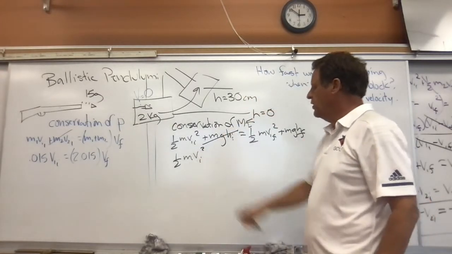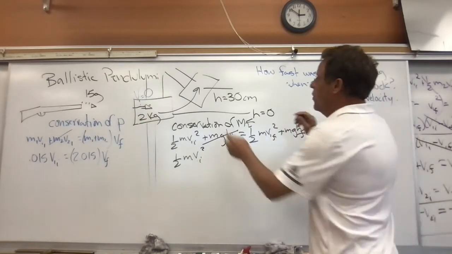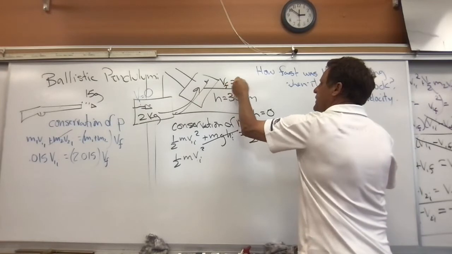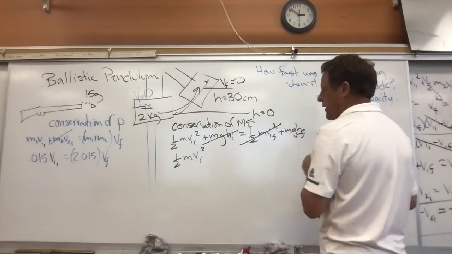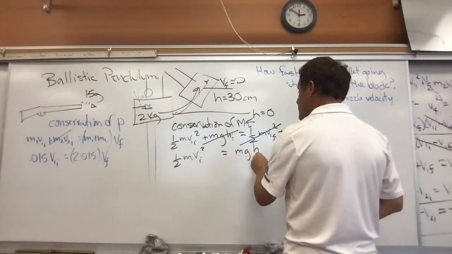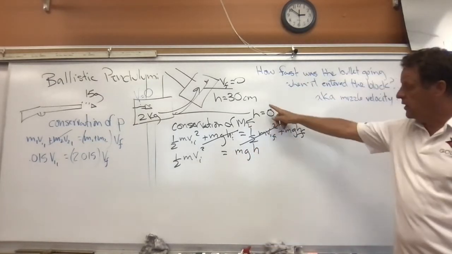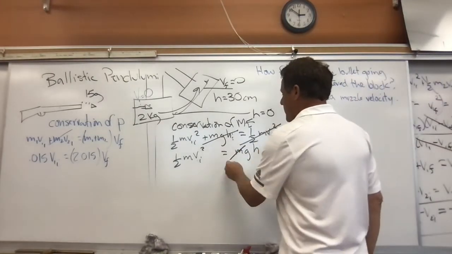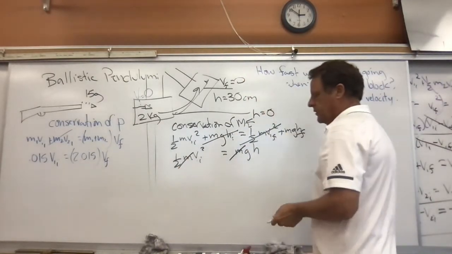So it's just going to be our initial velocity squared. Once this swings up at the very highest point, its final velocity is going to be 0. So this goes away. So now we're just going to have mgh. And in our case, h is 0.3. And we can also see that our masses cancel out.